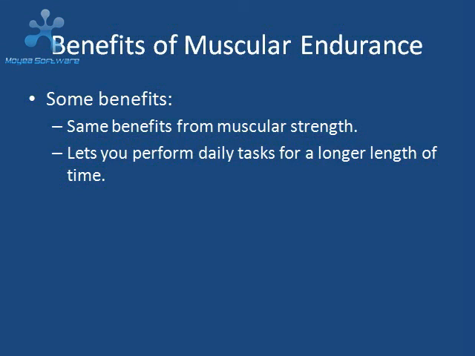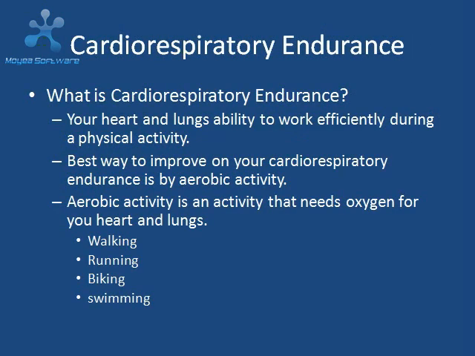Our third component that we're going to be talking about is cardiorespiratory endurance, or cardio as some people like to shorten it. Now, some people might not really know what cardiorespiratory endurance is. Simply, it's your heart and lungs' ability to work efficiently during a physical activity. The best way to improve your cardiorespiratory endurance is by aerobic activity.